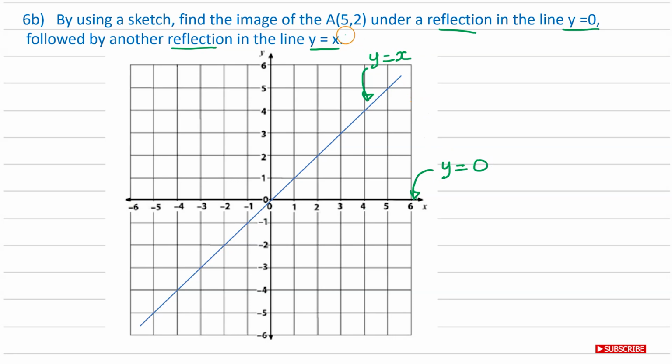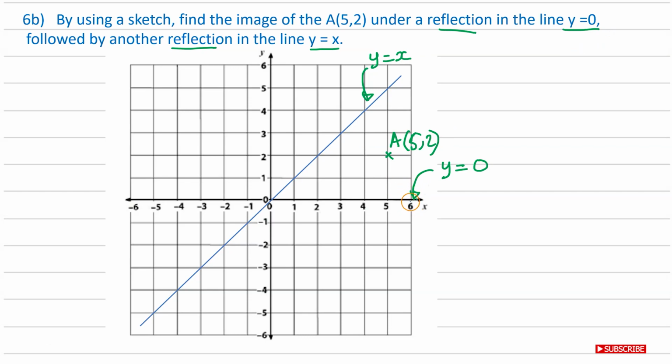Now we are given point A, which is (5, 2). So let's go to 5, and then up to this point here. That's your point A, which is (5, 2). Now we are told to start with that point being reflected in the line y equals 0.